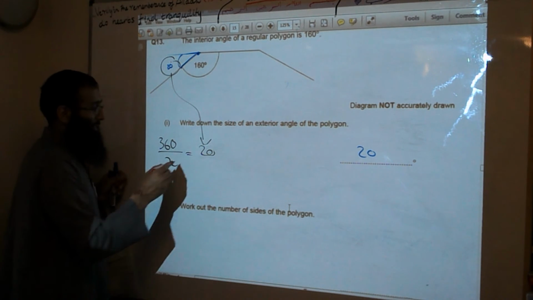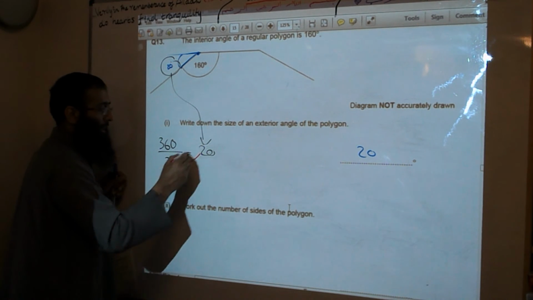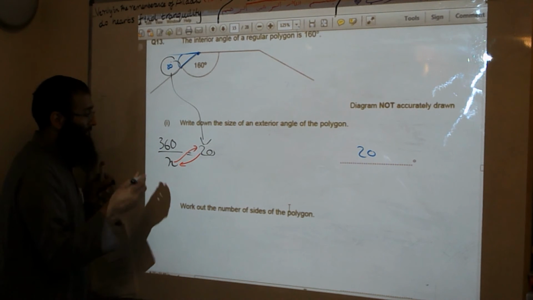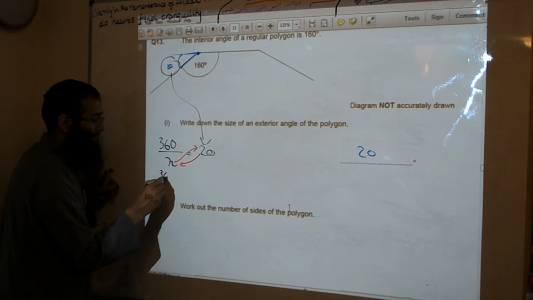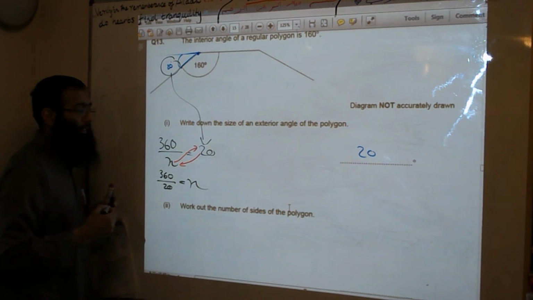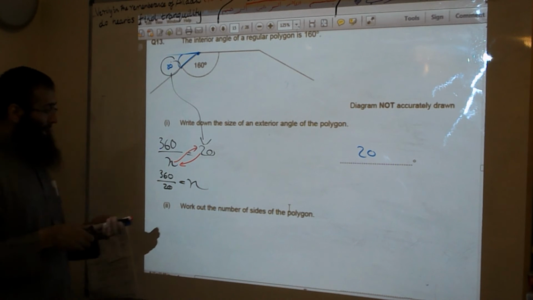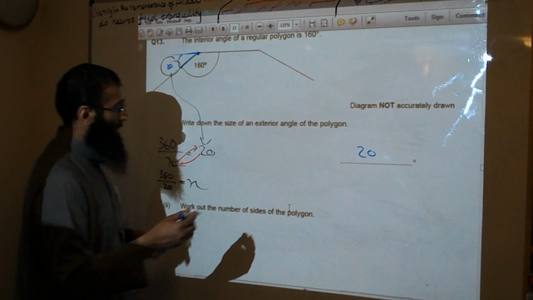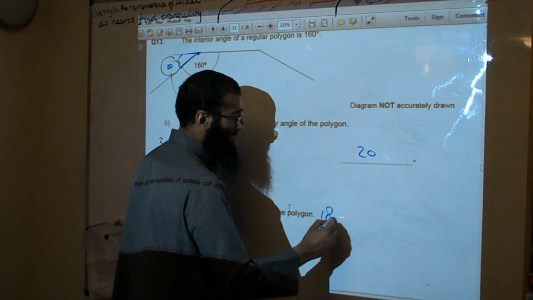So the 20 comes down here and the n goes up there. That's cross multiplying, for those of you who want to know. So we have now 360 degrees divided by 20 is equal to n, the number of sides. n equals 18. So 360 divided by 20, knock off the zeros, 36 divided by 2 is 18. And the polygon has 18 sides.